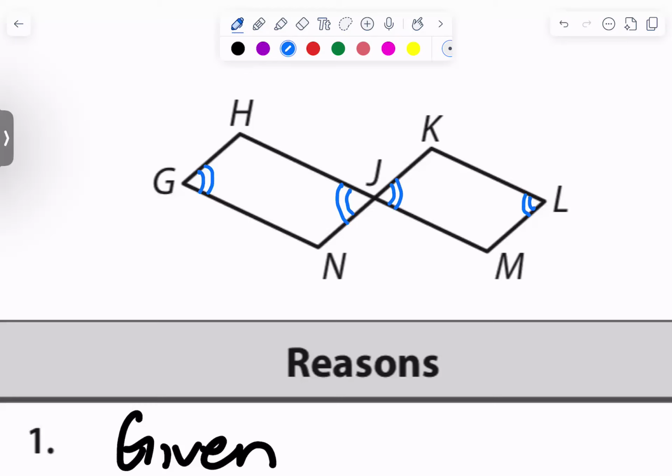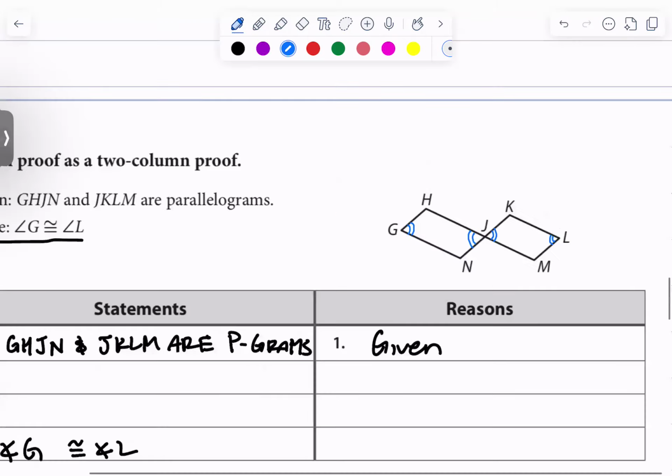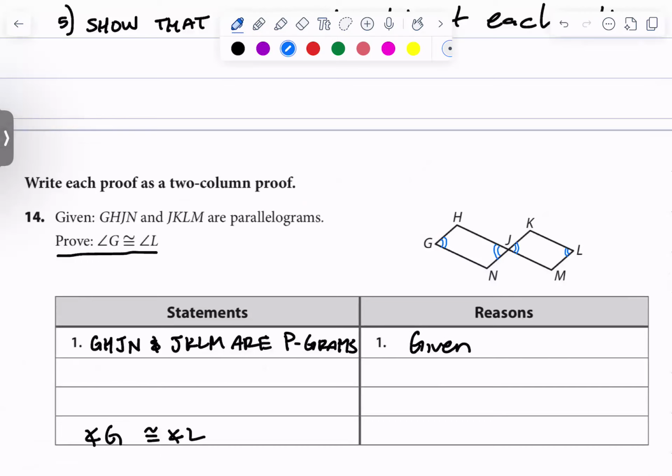So through what property do I know that angle G is congruent to angle L? Yeah, it's transitive, right? So does everyone understand the proof? Yeah?